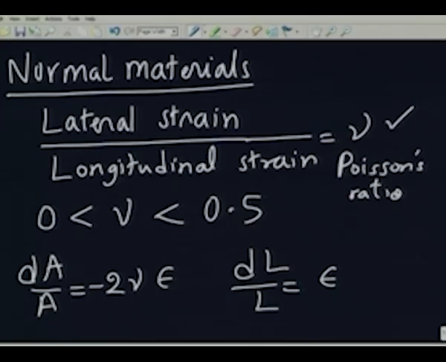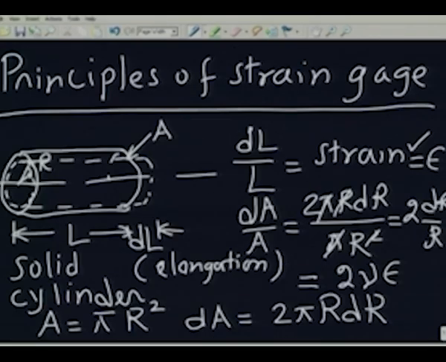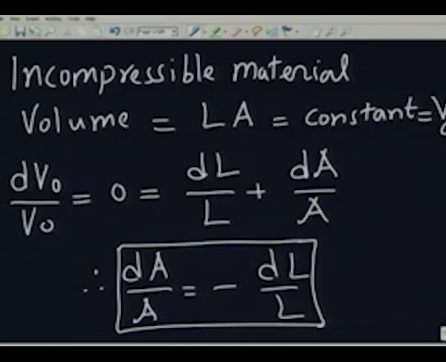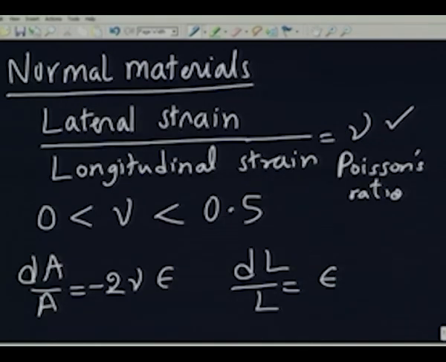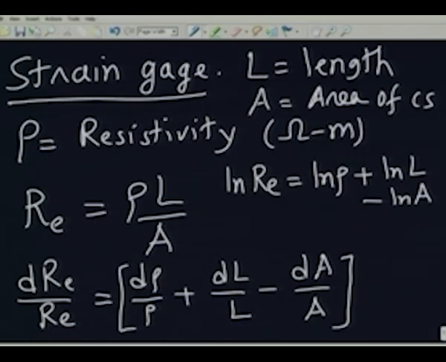You will appreciate that if you go back here, you will see here that dL by L is positive, dA will be negative. We saw that here, minus dL by L. So, that has to be introduced, and therefore, dA by A is equal to minus 2 nu epsilon, dL by L is epsilon.